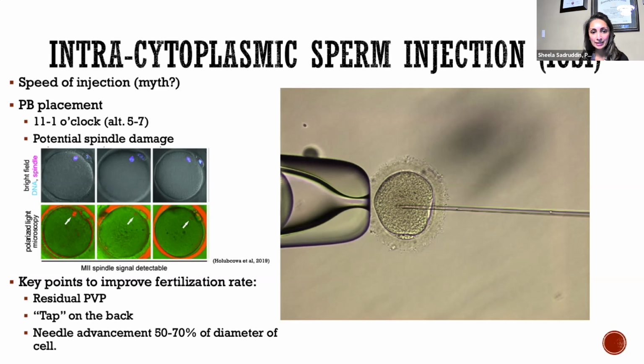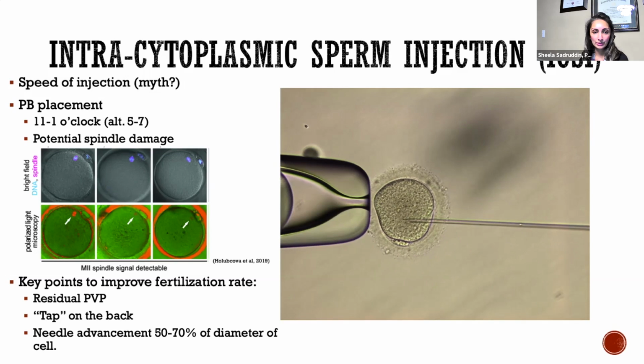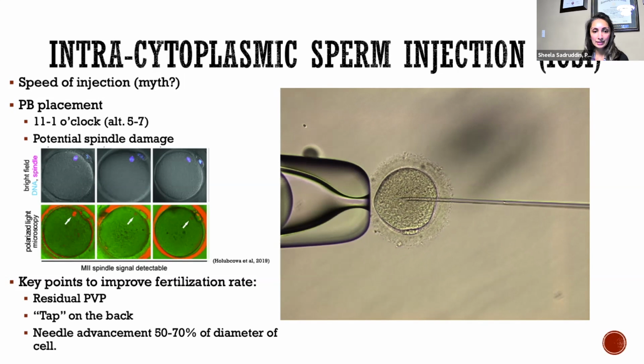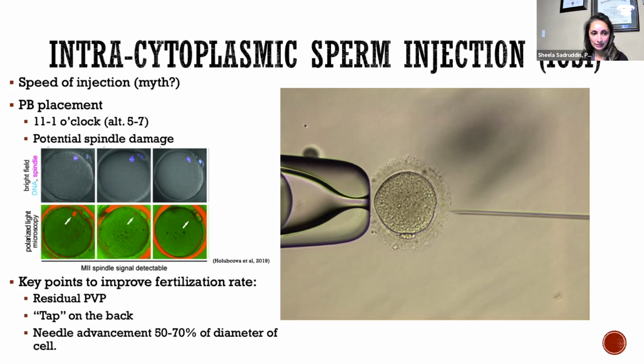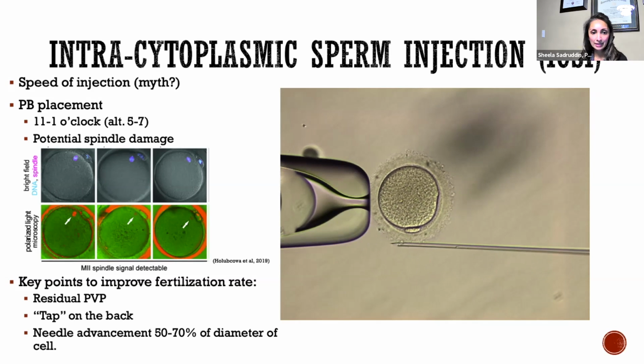We have technicians performing ICSI at various speeds, and like many other lab directors, we perform inter-tech comparisons. One of the key indicators is, of course, fertilization rates, and we see similar fertilization rates with various speeds.